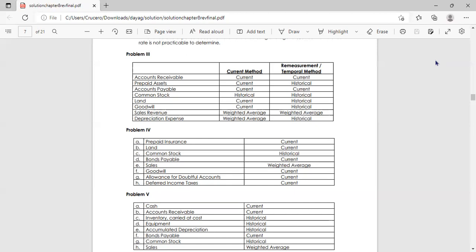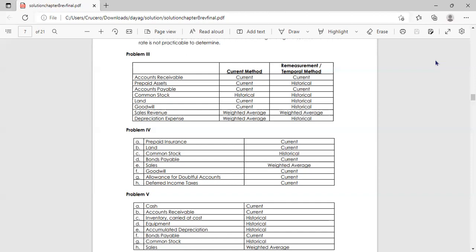Then we have prepaid assets, included under non-monetary. For method 1, we use the current or the closing rate.